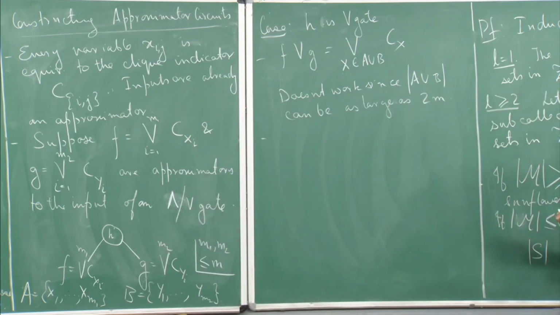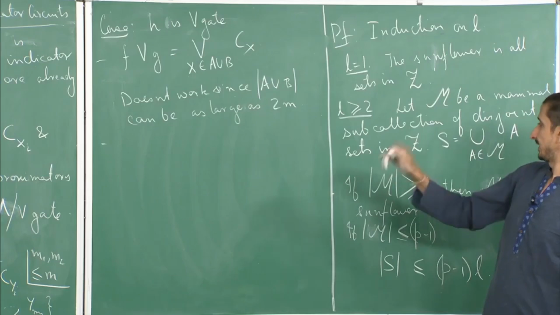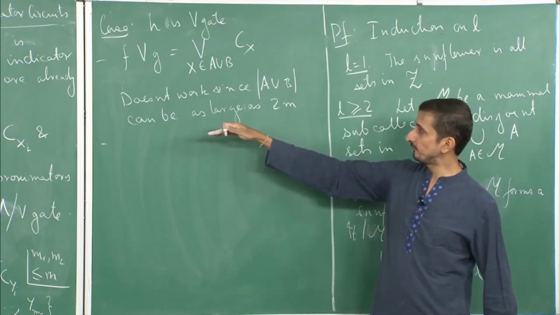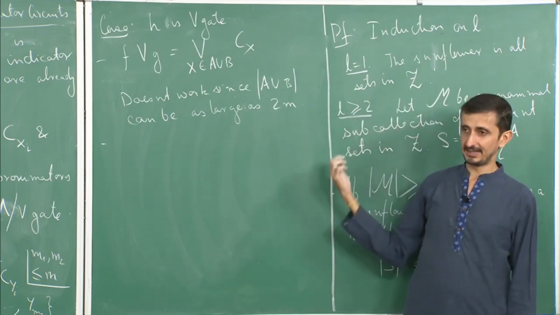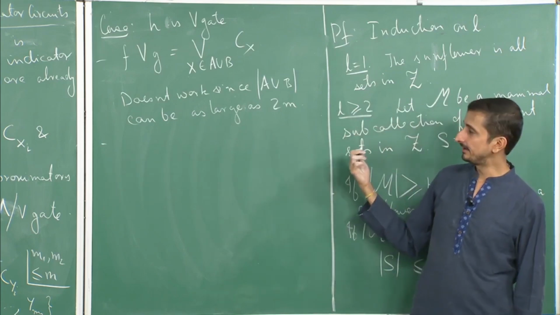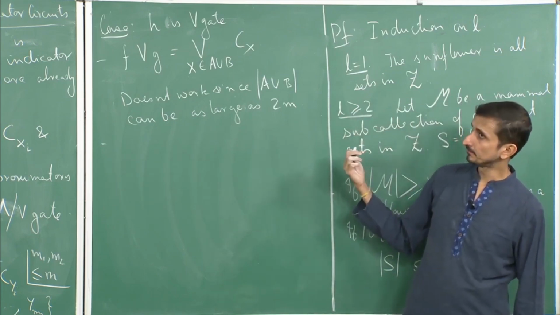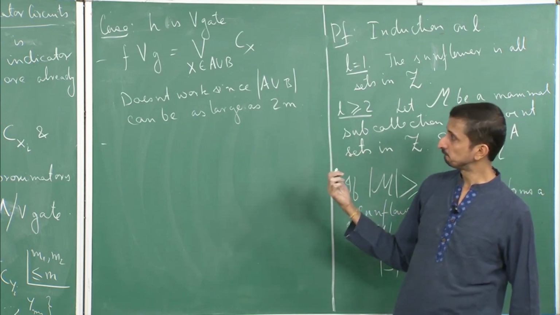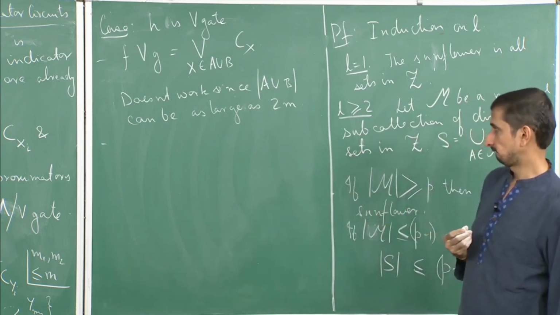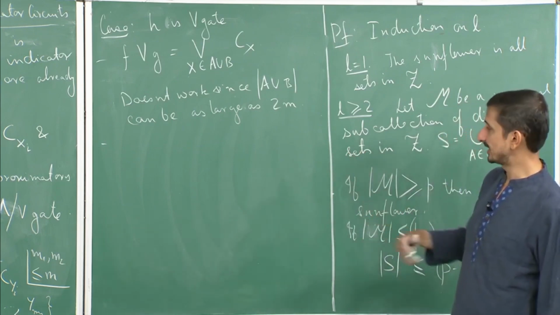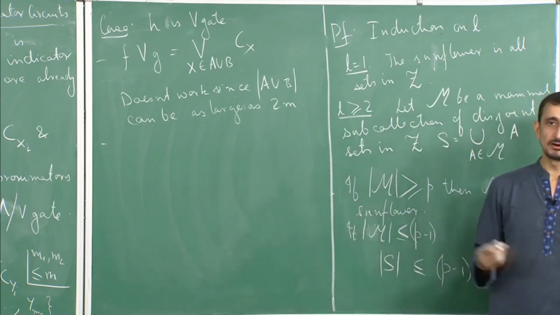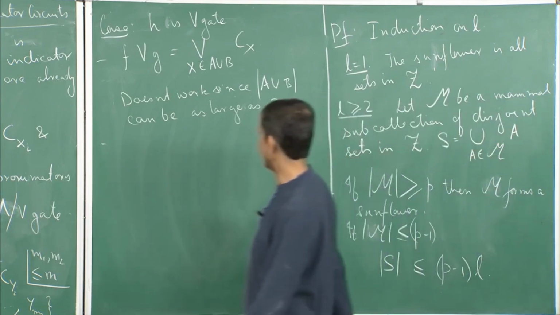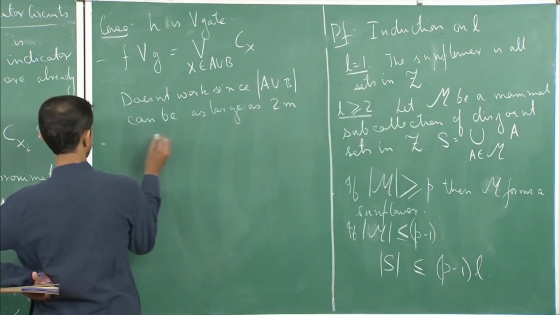What does the sunflower lemma say? Again, I erased it, but anyway: if we have a collection Z of sets whose size is greater than m, where m is that quantity, then it has a sunflower consisting of p petals.